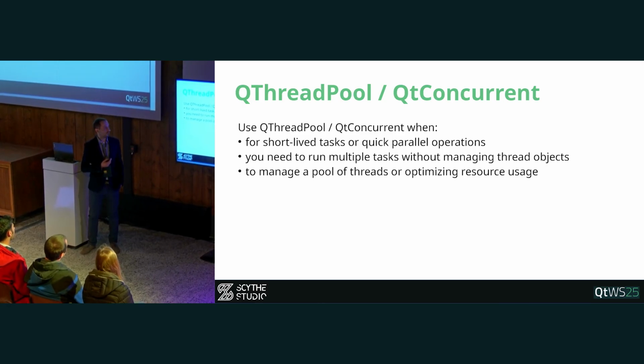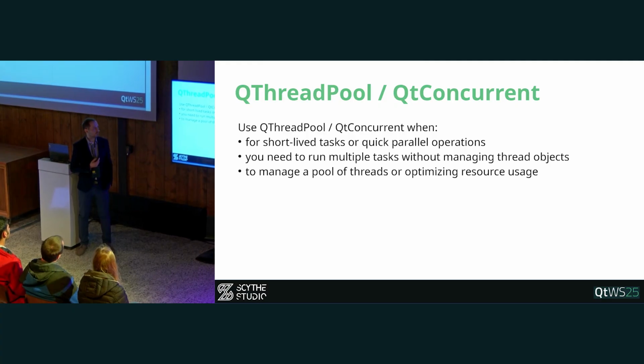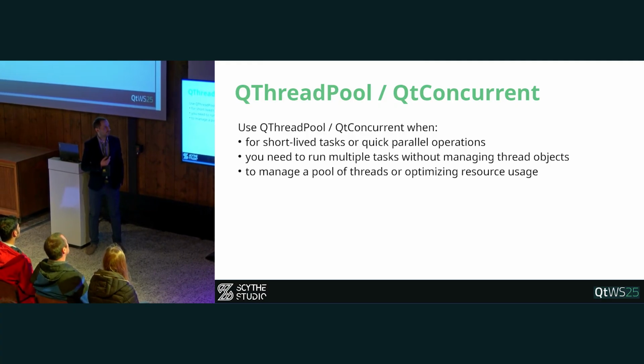Also maybe you have really a lot of tasks and you want to do it efficiently, then you can just add all those tasks to QtConcurrent or QThreadPool, and it will manage the number of threads according to available system resources.